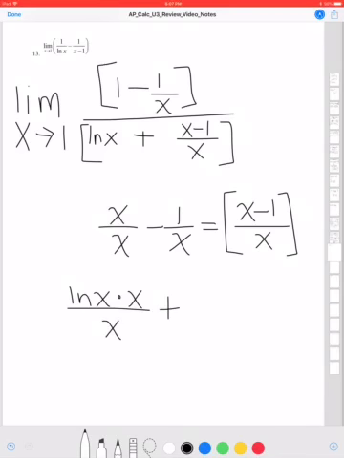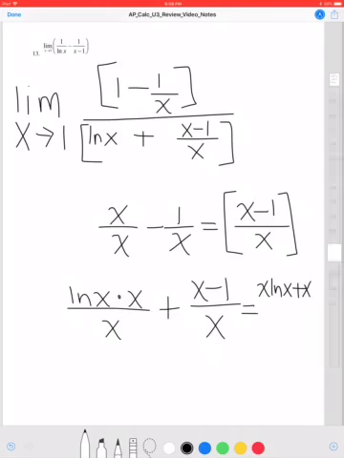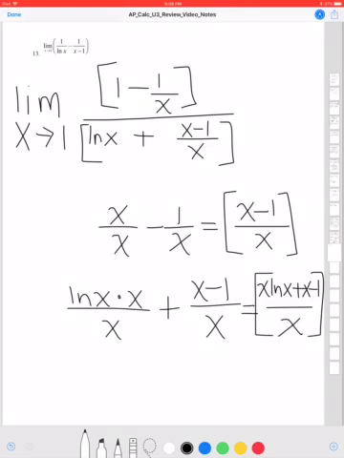I need an x there, to make like denominators. Alright, so that's going to give me x ln x plus x minus 1. Alright, so x times the natural log of x plus x minus 1 all over x. Alright, and that's going to be my denominator.